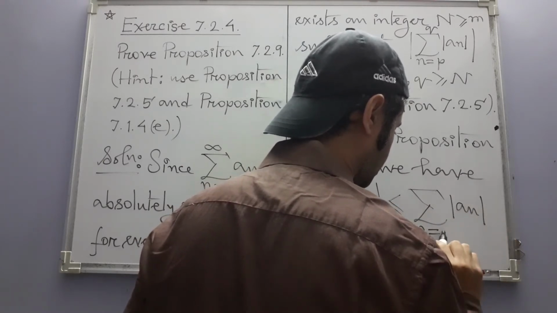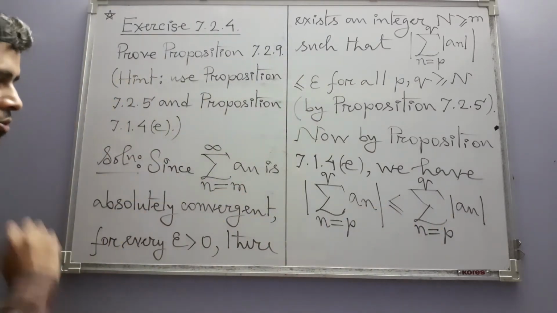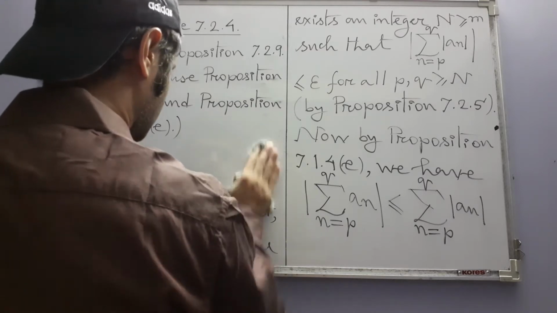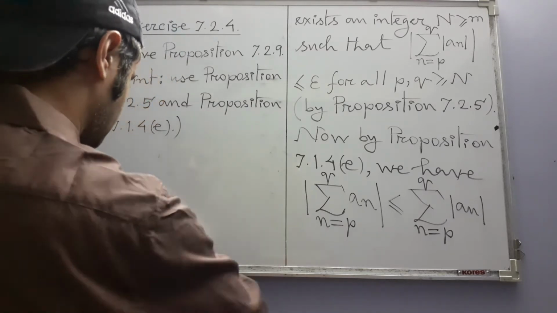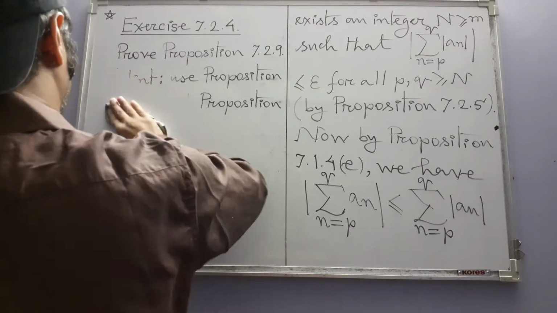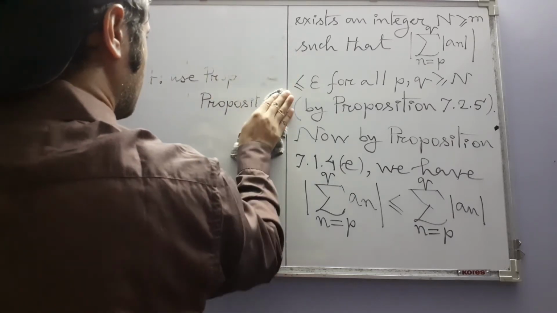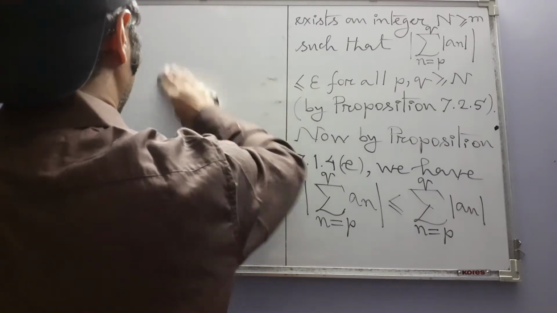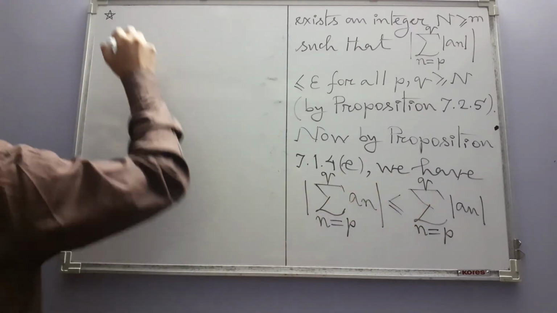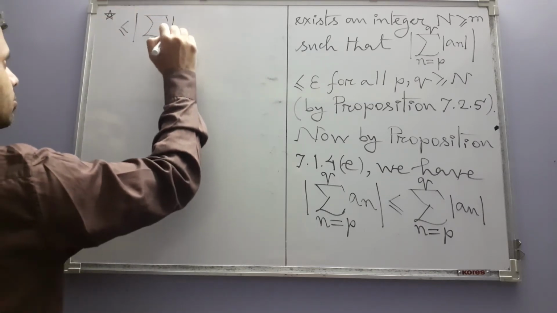That is the first inequality. And then this in turn is less than, let me continue from here, this thing is less than or equal to its own absolute value.